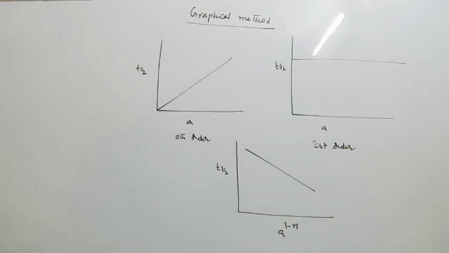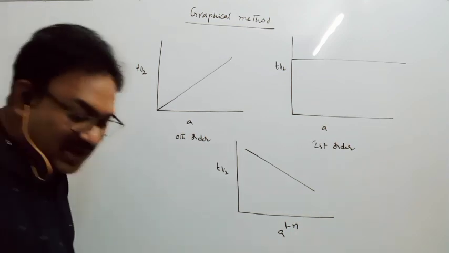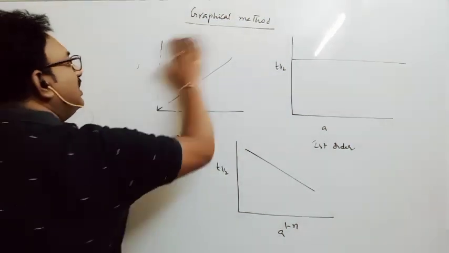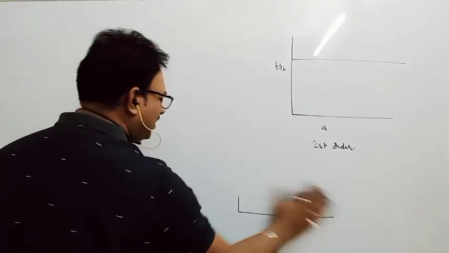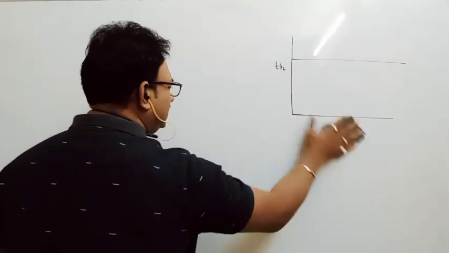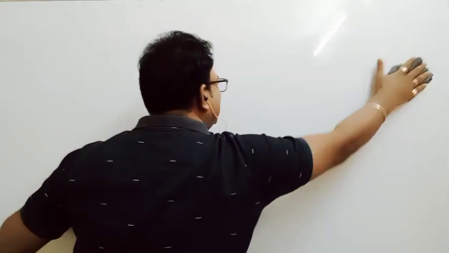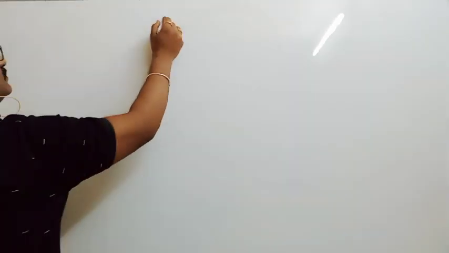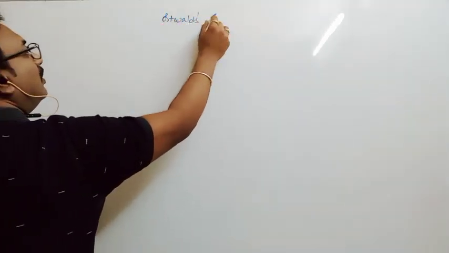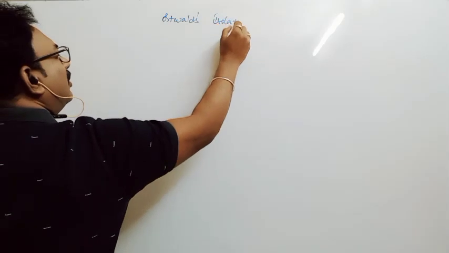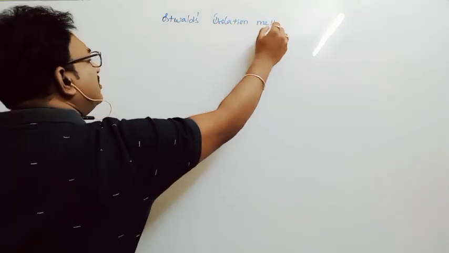The last and final method in the experimental determination of order is Ostwald's isolation method.